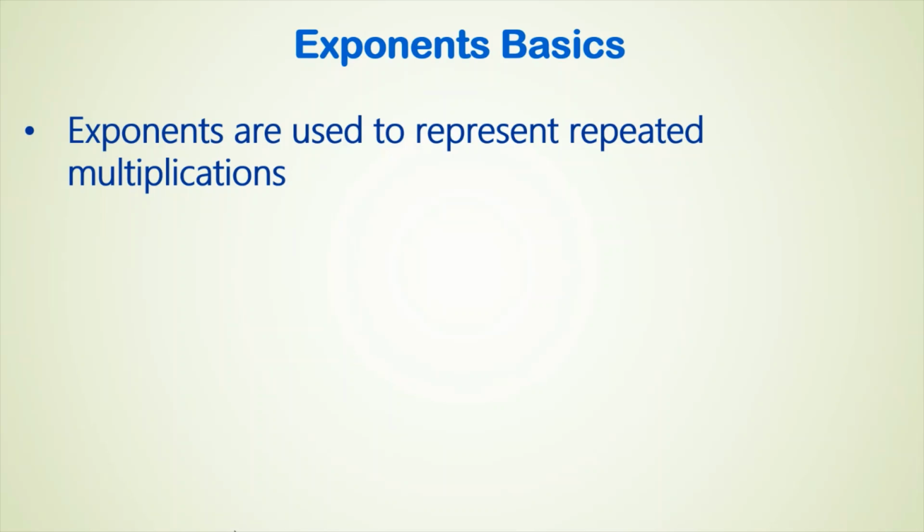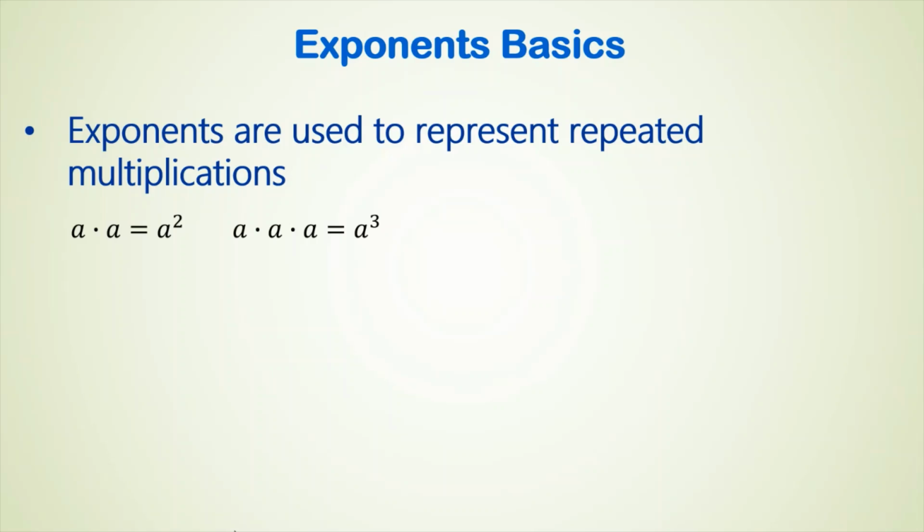Let's look at the basic concept of exponents. So what is an exponent? Exponents are used to represent repeated multiplications. So if I let a represent any number, a times itself can be represented as a with a superscript 2 next to it.